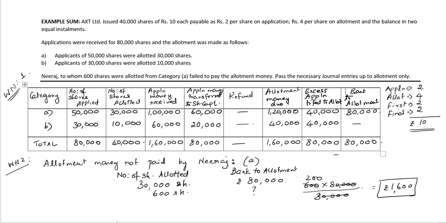So I'll deduct 1,600 from the 80,000 which we were supposed to receive on allotment. 78,400 is the amount which we received on allotment. So the working notes are done. Let's go ahead with preparation of journal entries.